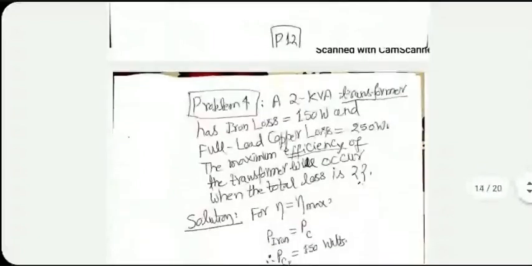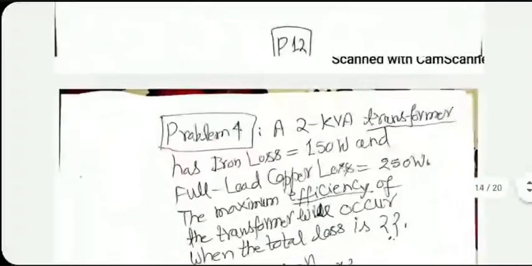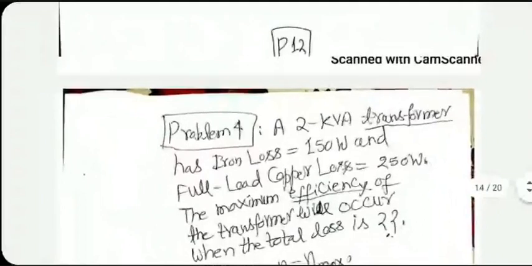Okay, one more. A 2 kVA transformer has iron loss equal to 150 watt and full load copper loss equal to 250 watt. Obviously, it is not operating at maximum efficiency because these two losses are not equal to each other. So they are asking, maximum efficiency will occur when the total loss is how much?